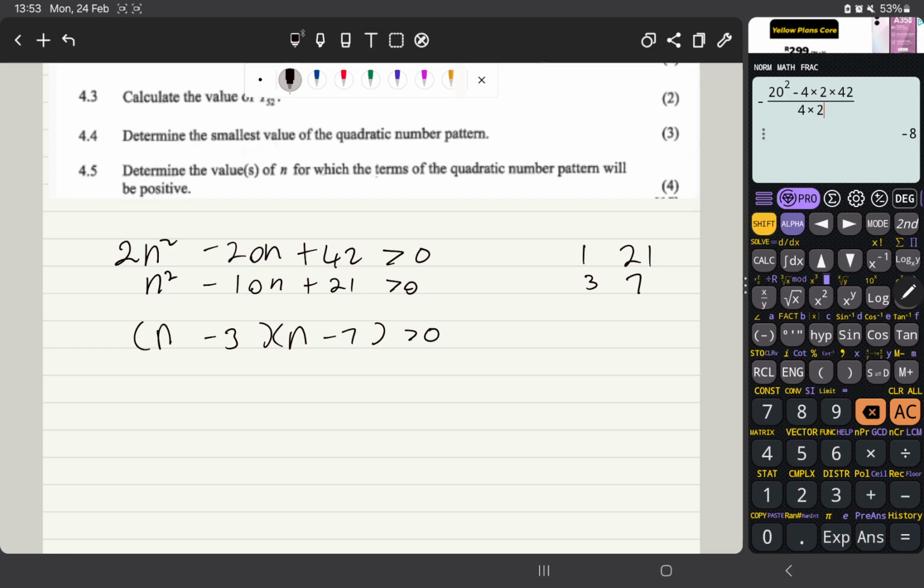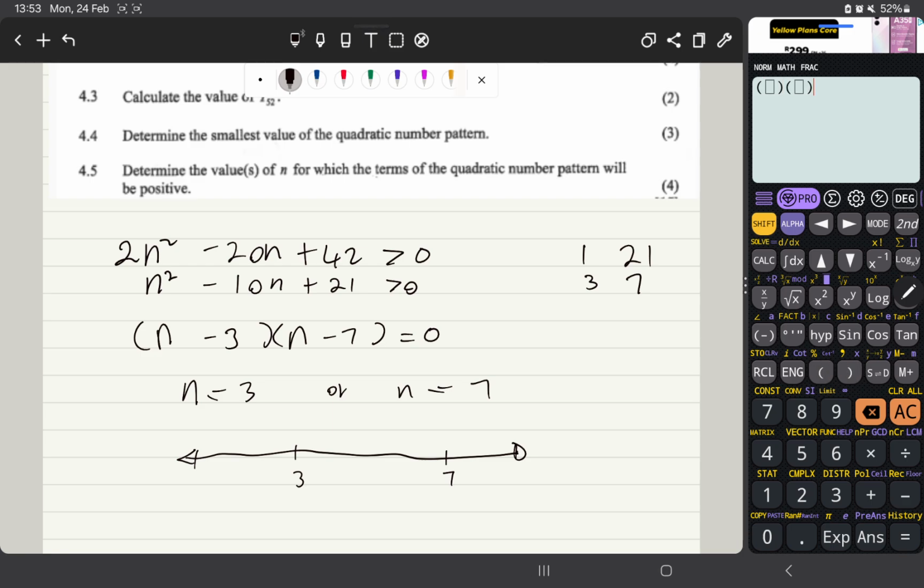Now remember, when you're solving inequalities, at this point we treat this as an equal sign, so n is 3 or n is 7, and then we draw our number line. We have 3 and 7.